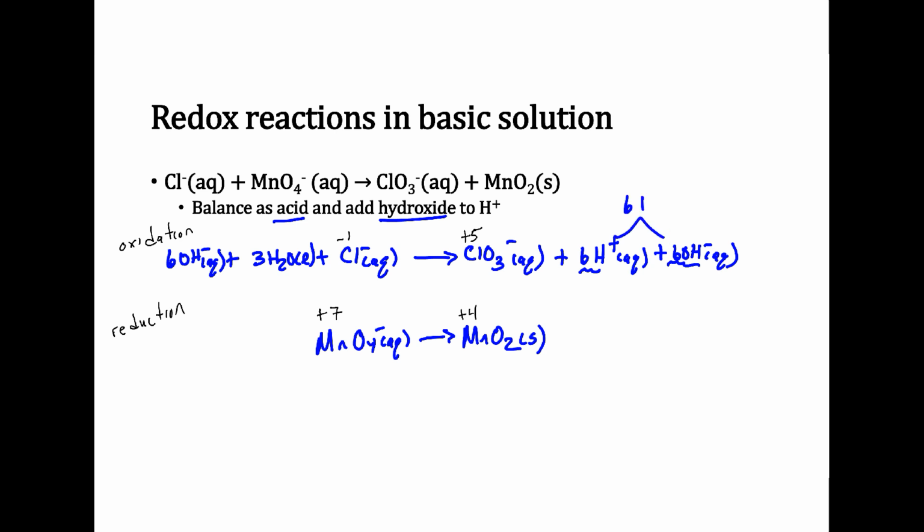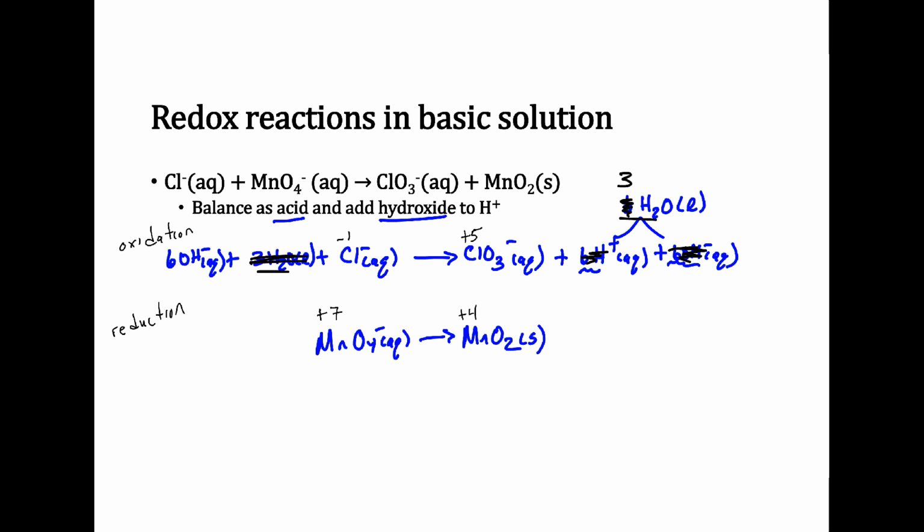So we can simplify this as 6H2O. And then as we look at this equation, we can say, okay, well, we have 3 waters in the reactants and 6 waters in the products. So we can simplify this. So the 3 H2Os cancel out in the reactants, and we are left with 3 H2Os in the products.